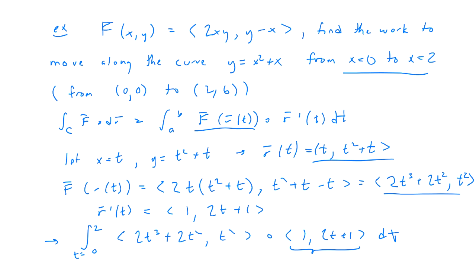So I'm not curving anymore, since I'm just going over a very short distance. So just take the dot product. In this case, you get 2t cubed plus 2t squared plus 2t cubed plus t squared.